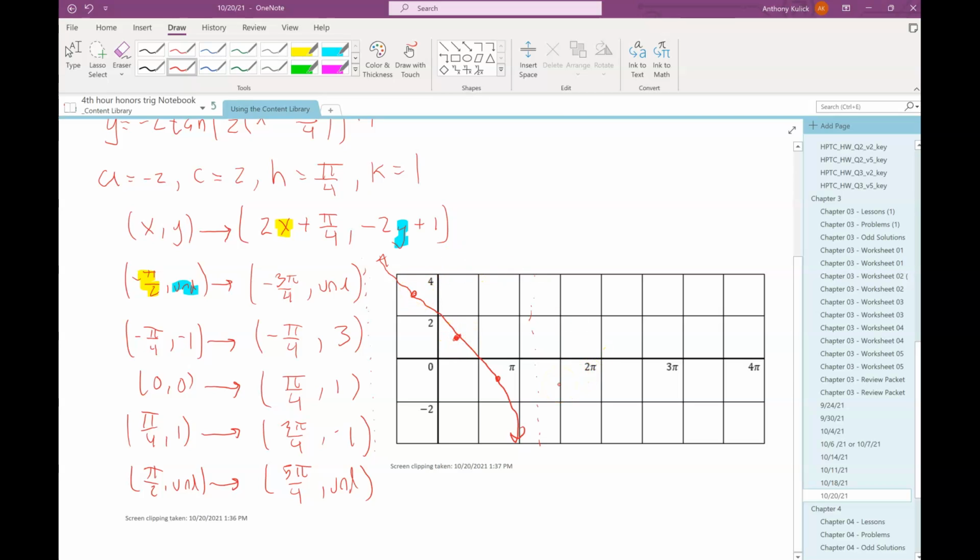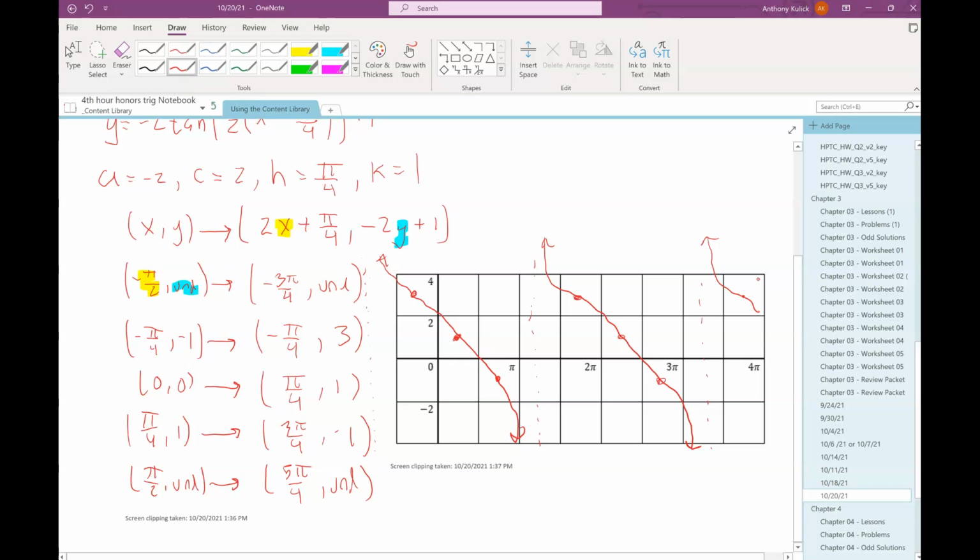And then we'll just repeat the pattern. So we're like up here, and there, my asymptote. And then there, and I'm off the graph at that point.